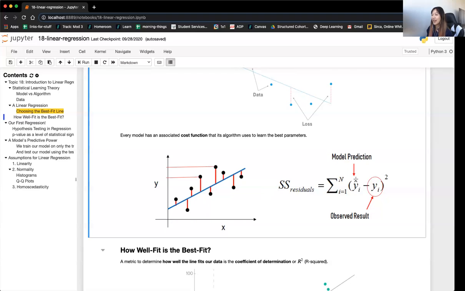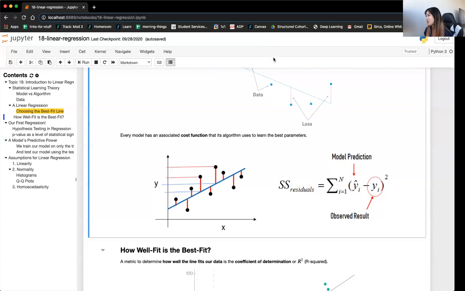For anything with a hat on it, and we actually call that a hat, that little triangle thing on top of a letter, every y hat is the corresponding prediction. The corresponding prediction, which I'll do in blue, is this y value here. So to find the sum of squared residuals, all of these y's have values on the y-axis.